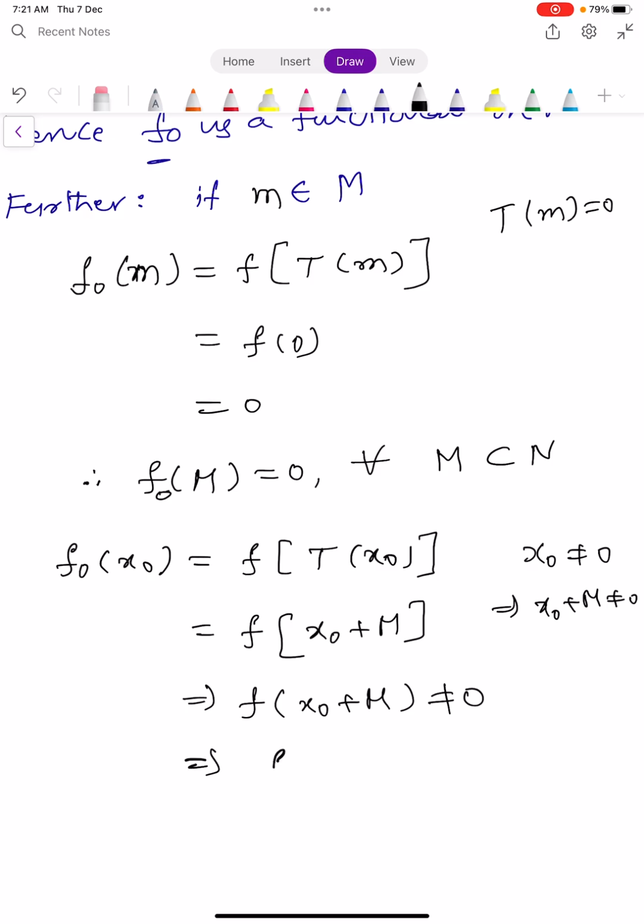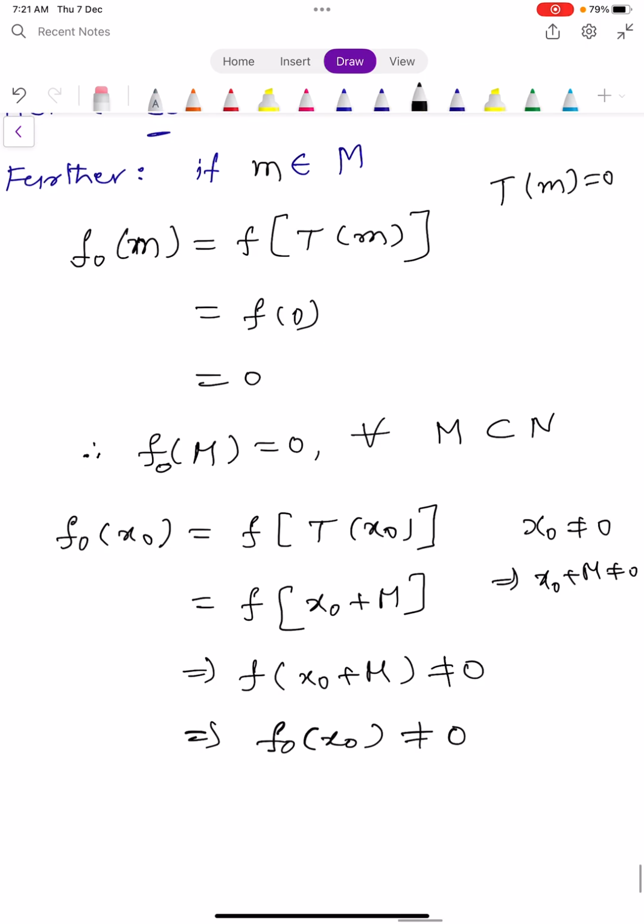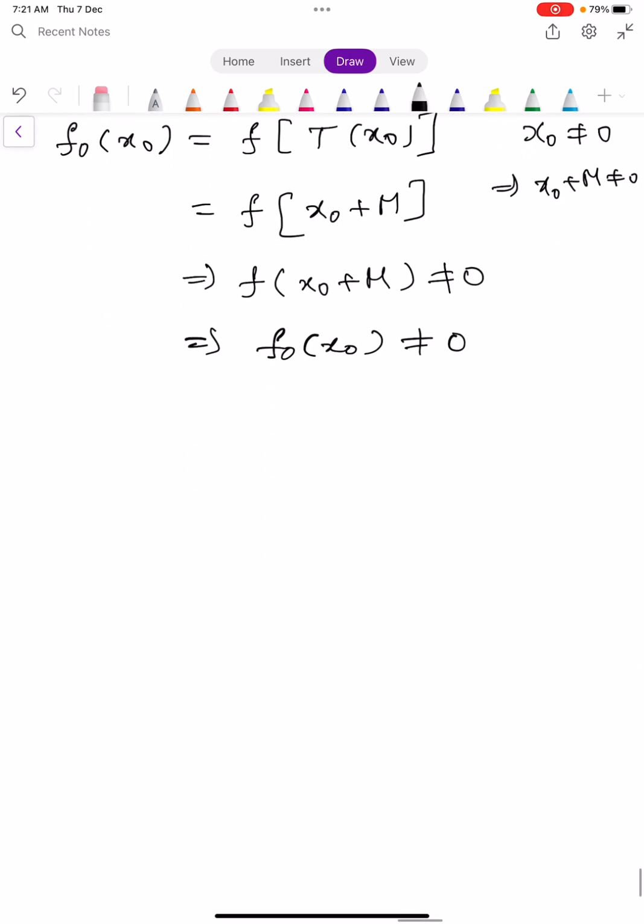It means f naught of x naught is also not equal to 0. Hence, you observe that f naught of capital M is equal to 0 and f naught of x naught is not equal to 0. From these conditions we complete the proof of our theorem.